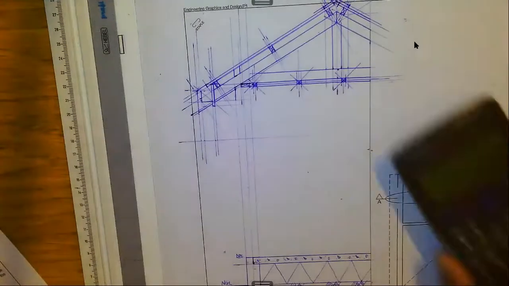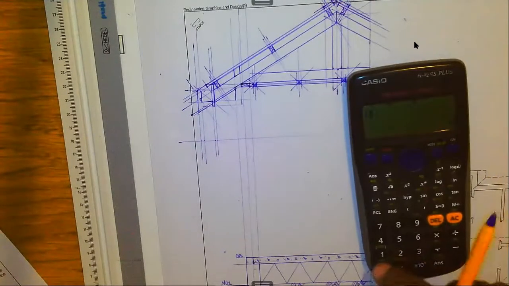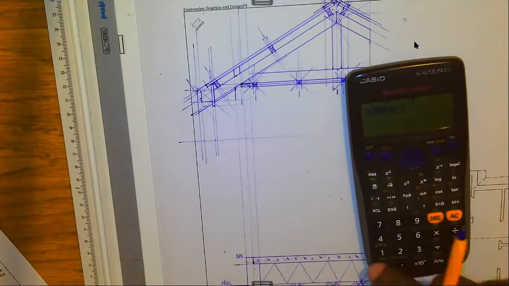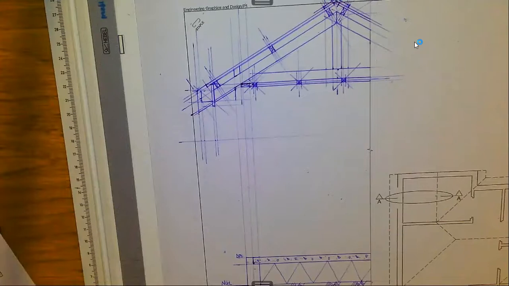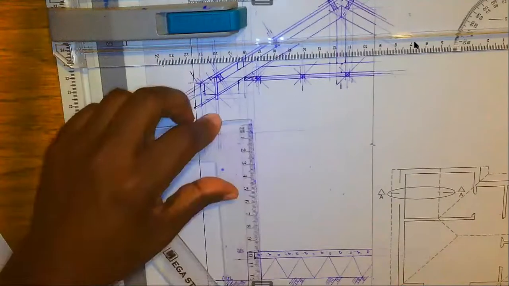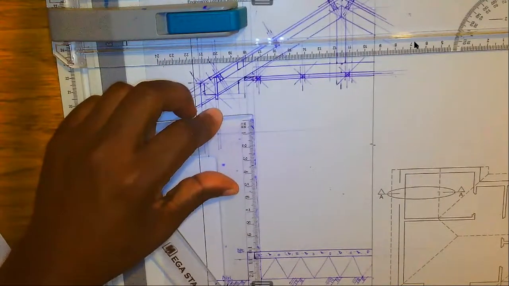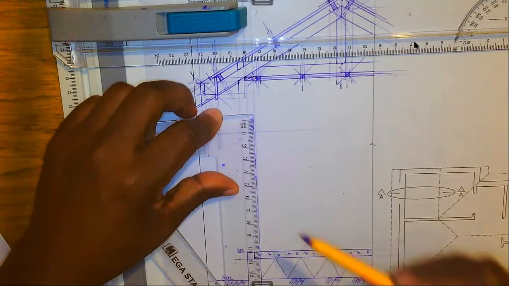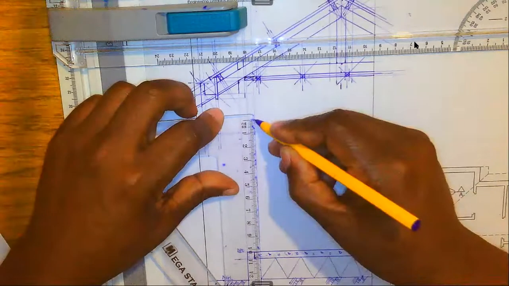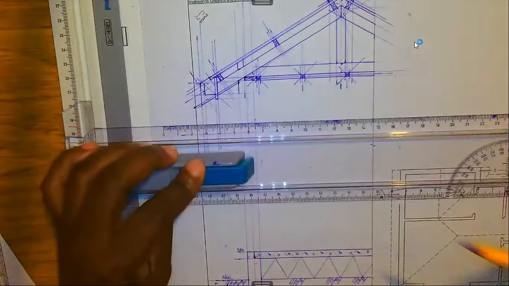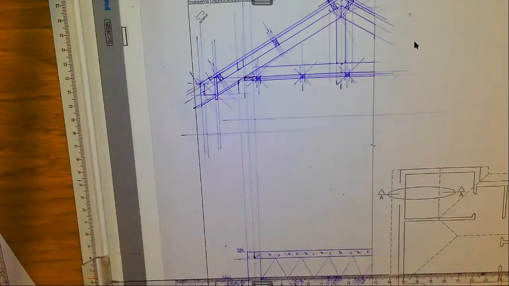So you come here with your calculator, 2050 divided by 20, you are going to get 102.5. And this is measured from the finished floor level. The finished floor level is this, okay? 102.5. Let me just take this one up. This is 100, 101, 102.5. Please be precise in terms of your measurements. Then you draw a faint horizontal line like that.